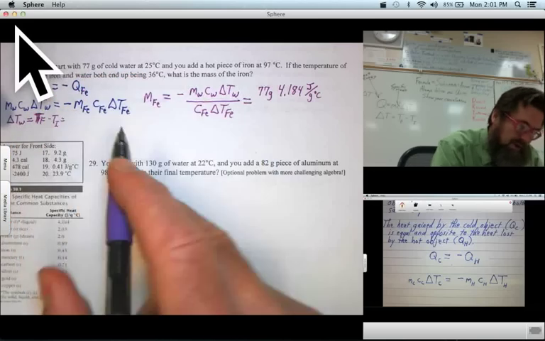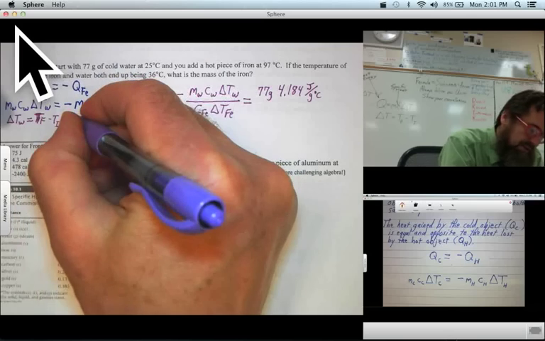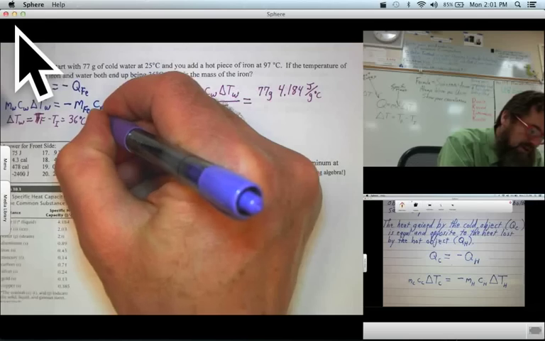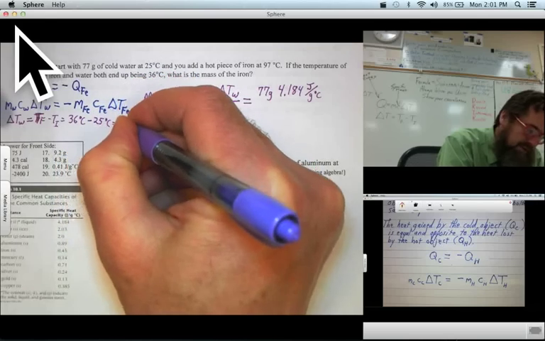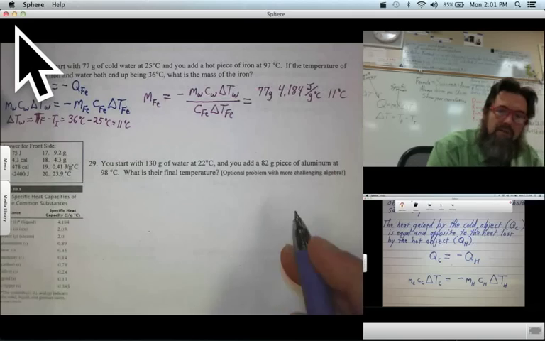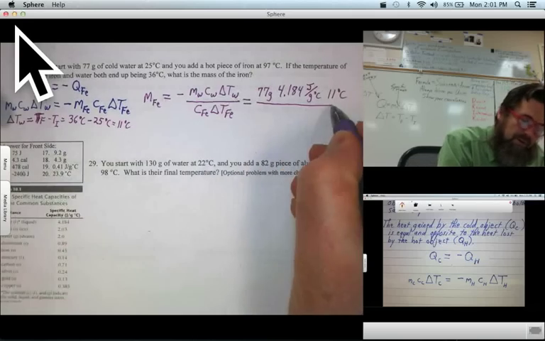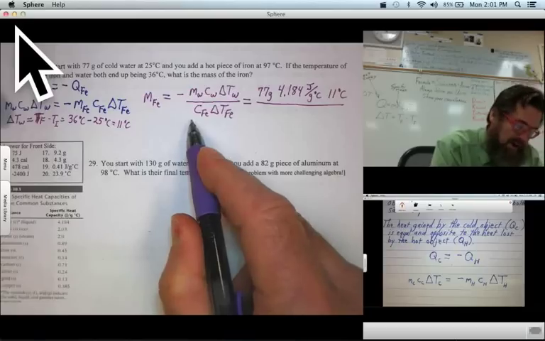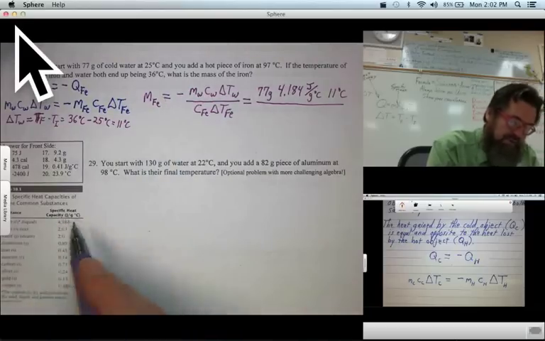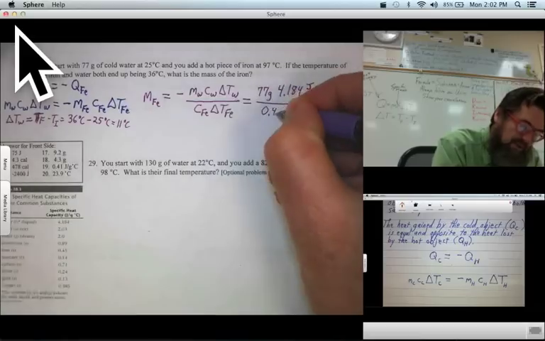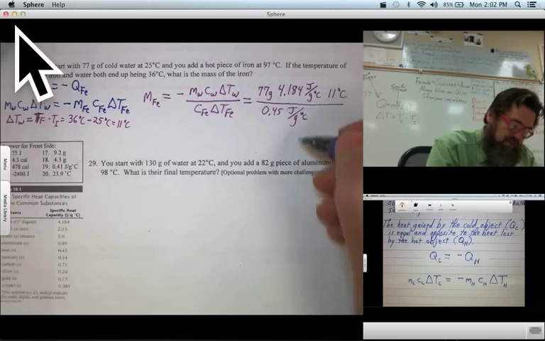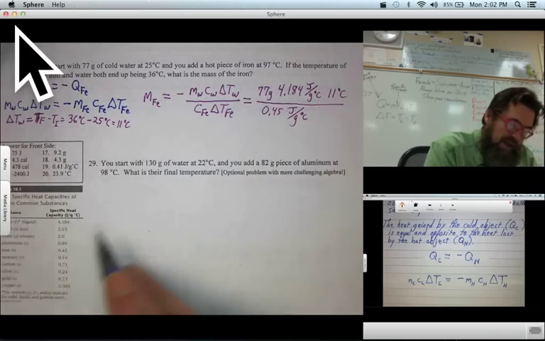What's the final temperature of the water? 36 degrees C, minus the initial temperature of the water, well, it was cooler, 25 degrees C, equals 11 degrees C. So there is our delta T for the water, 11 degrees C. Over C of iron, the specific heat of iron from the table, 0.45 joules per gram degrees C. So you see those two sets of units will cancel. And the delta T of the iron.